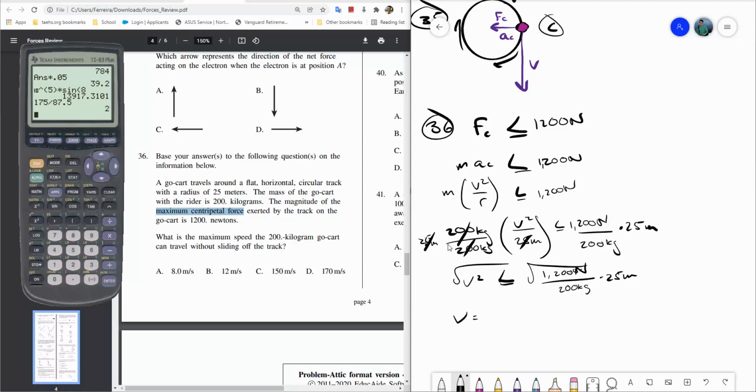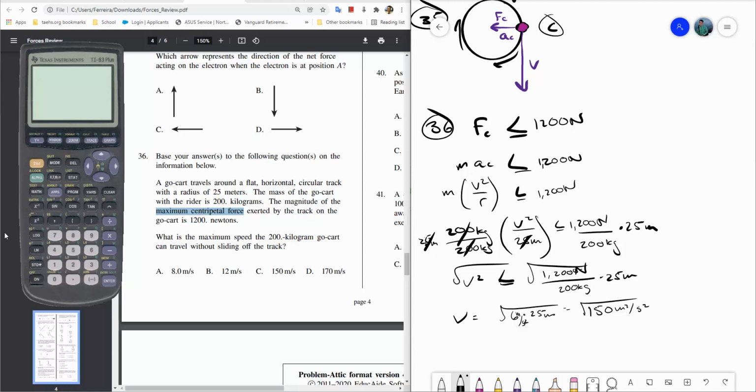v is equal to the square root of 1,200 divided by 200, which is 6, times 25. Why am I blanking on this? 6 times 25 is 150 meters squared per second squared.